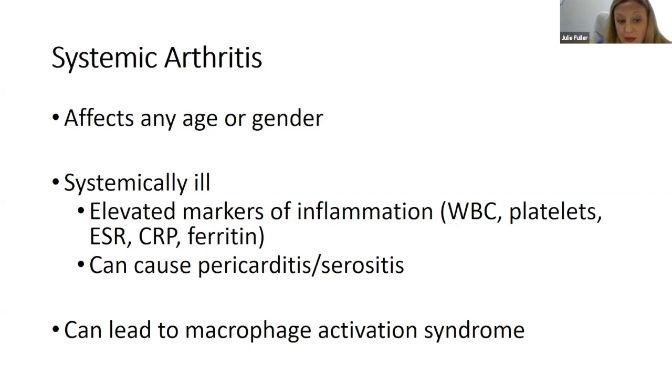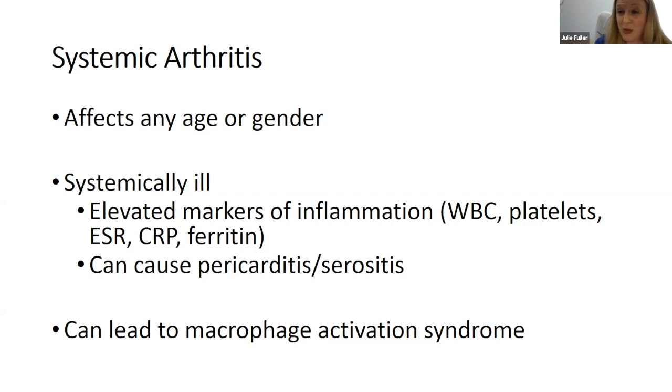Unfortunately, this is a very severe illness and can lead to macrophage activation syndrome, which you may or may not be very familiar with. This is a very uncontrolled inflammatory response that involves activated T cells and macrophages that basically go into the tissues and become histiocytes, where they phagocytose normal blood elements, and that's what causes these cytopenias in macrophage activation syndrome.